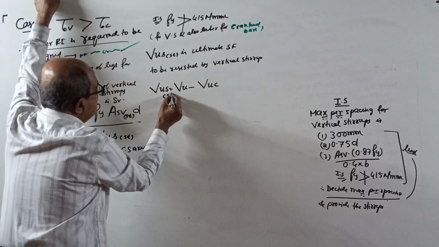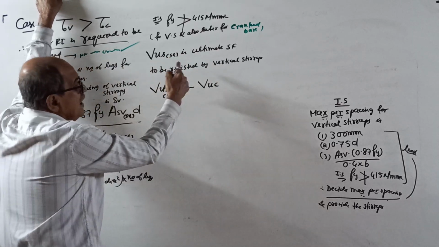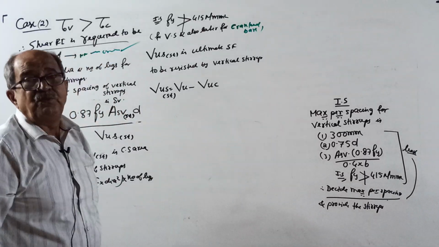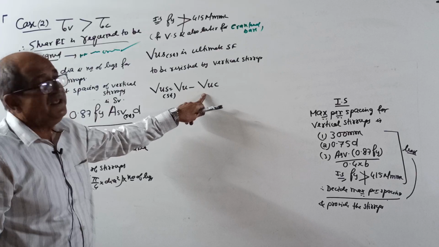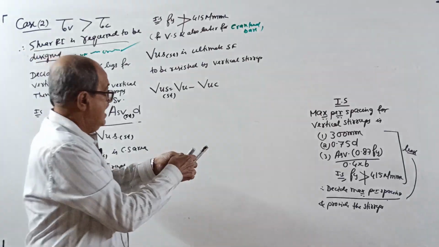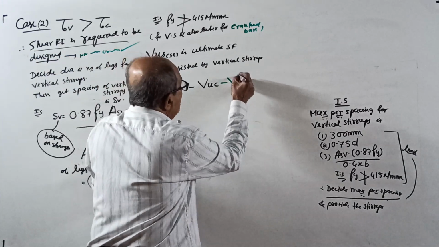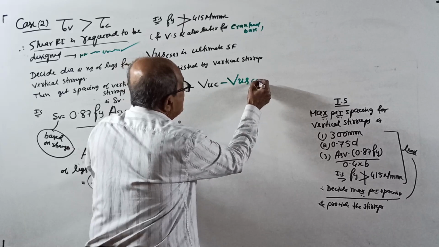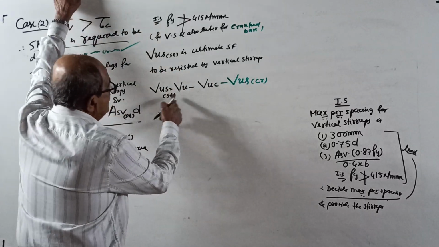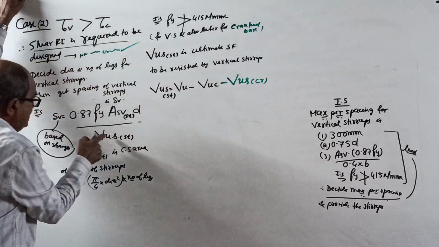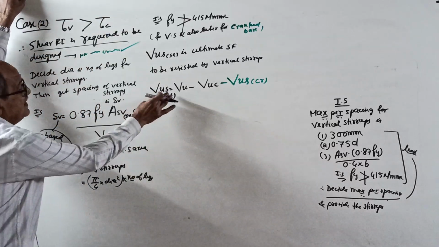So VUS ST is equal to VU minus VUC, whatever is the shear force, subtract whatever is resisted by concrete alone, and also subtract whatever is the shear strength of cranked bars. In the formula for SV, earlier this ST was not there.